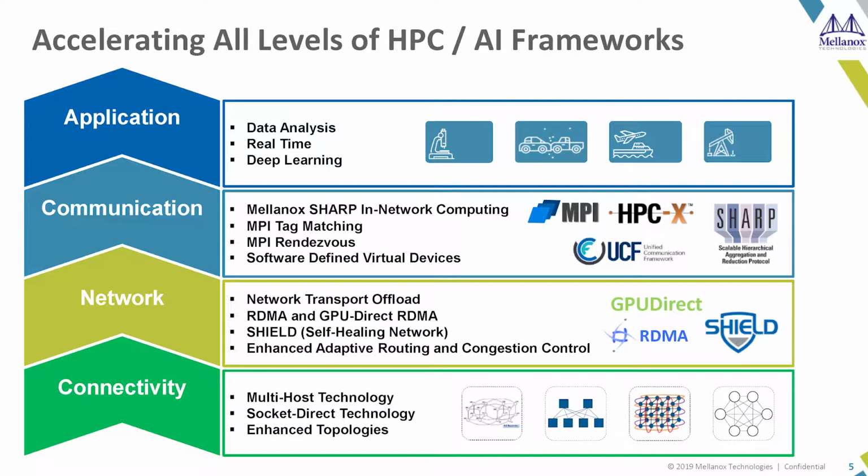I mean, that's the way Mellanox has been designing the network support for the last 20 years. Capabilities such as RDMA and RDMA direct, GPU direct RDMA, sorry. Shield, which I'll talk about, is a capability for the network repairing itself or dealing with errors, with problems in the network. Adaptive routing, congestion control, and those sort of things.